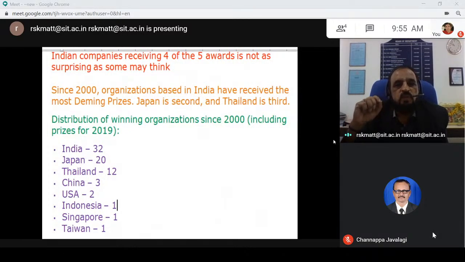Since 2000, organizations based in India have received the most Deming Prizes. Japan is in second place, and Thailand is in third place. The distribution of these winning organizations since 2000, including the 2019 Deming Award: India has won 32 Deming Awards, Japan 20, Thailand 12, China. So see how the Indian industries are bothered about quality.